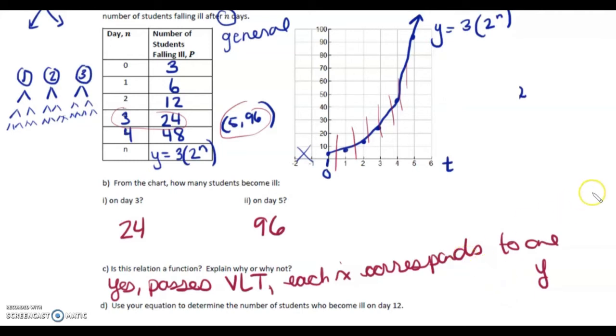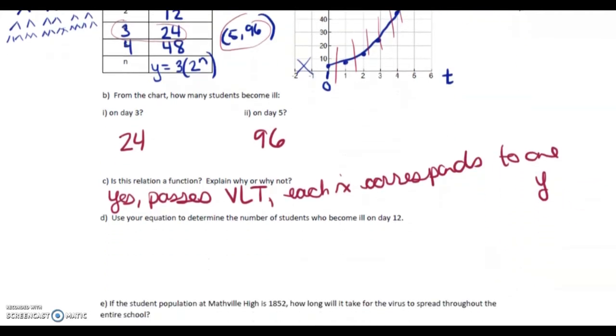Okay, now D asks, use your equation to determine the number of students who become ill on day 12. So simply y equals 3 times 2 to the 12.